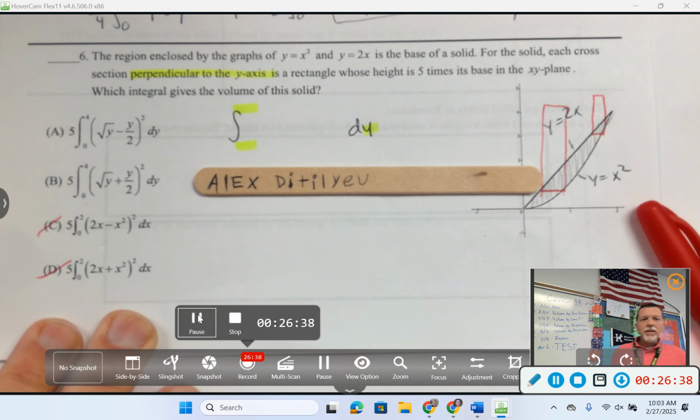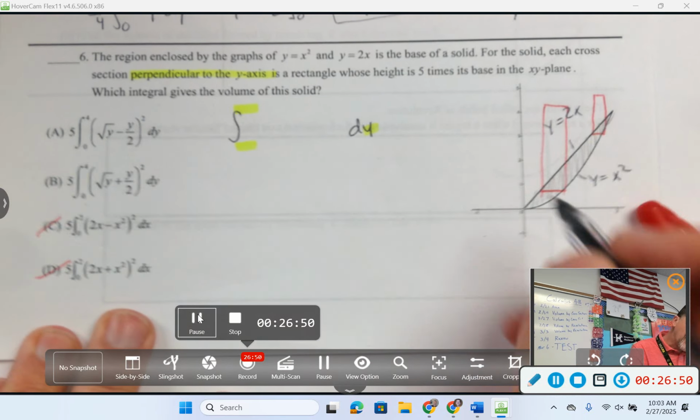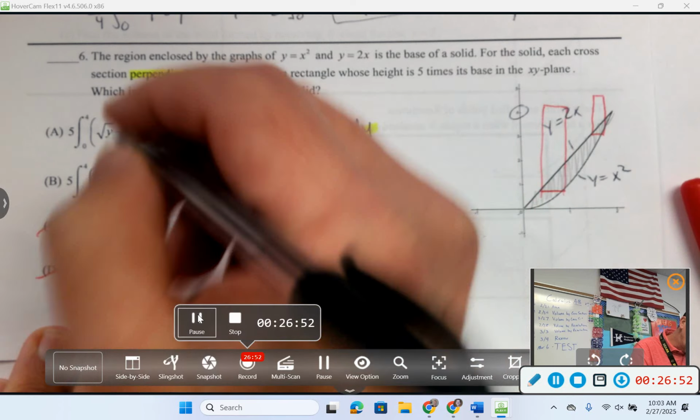Alex, how about my limits? From what to what? 0 to 4. Did you know that from the picture, or did you know that because my only 2 options left were 0 to 4? Both. Good answer. We're going to go from 0 to 4.